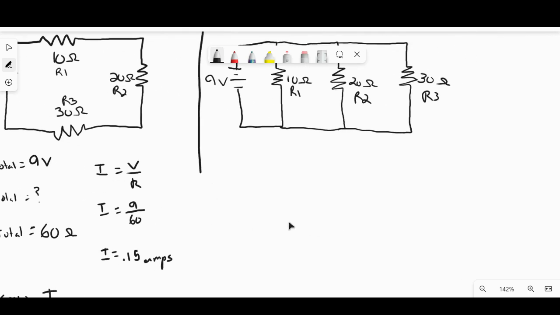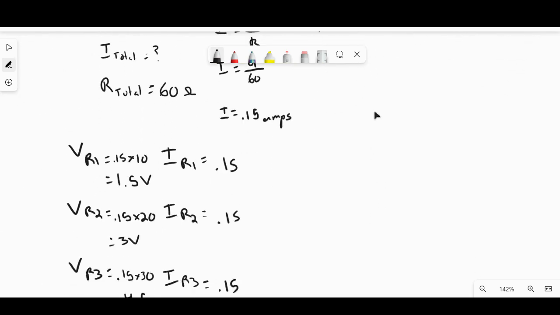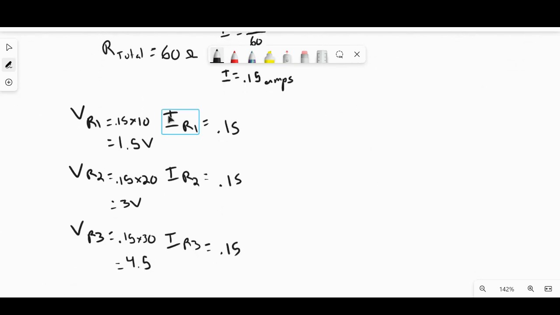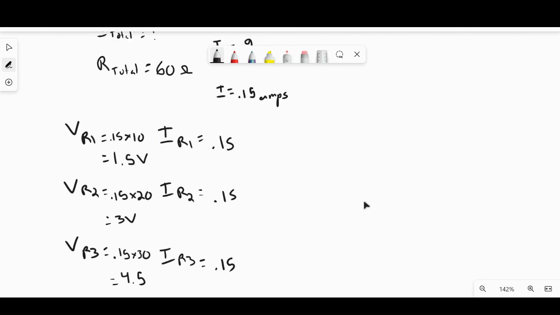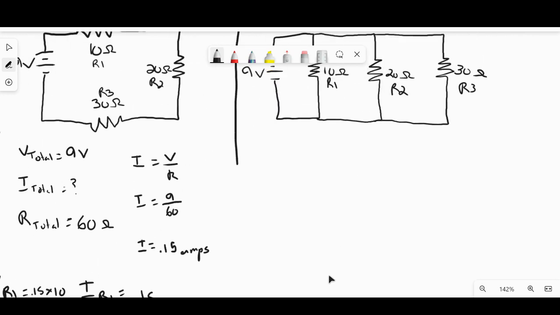In a parallel circuit, it's going to be kind of the same but flip-flopped in terms of what we are solving for. So let's do this again. In our parallel circuit, we know the voltage total is equal to 9 volts. Our current total, we don't know yet.